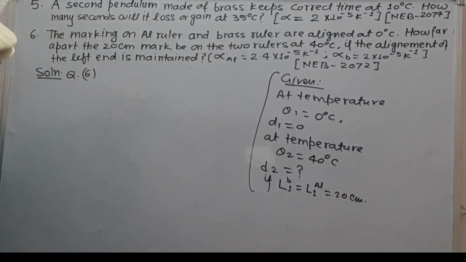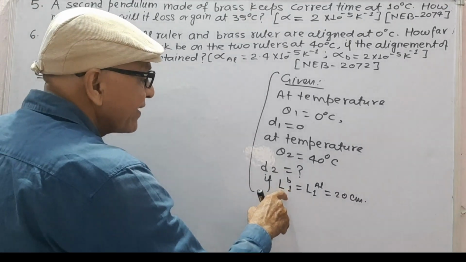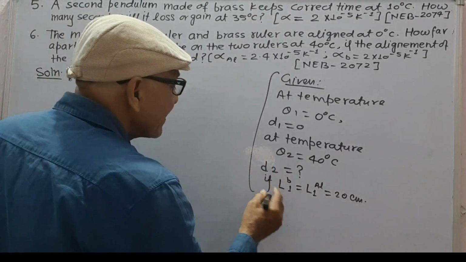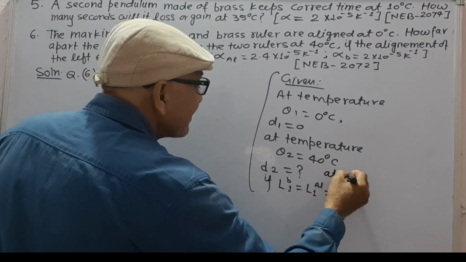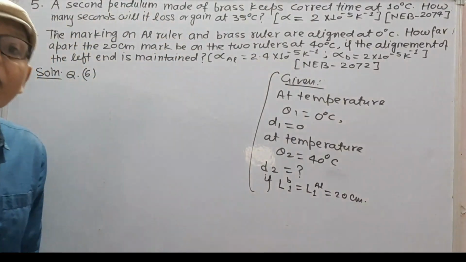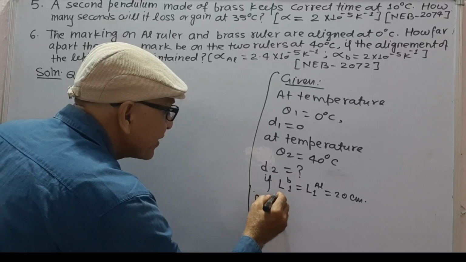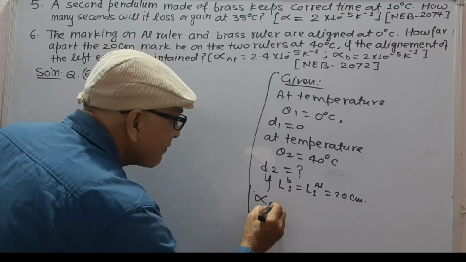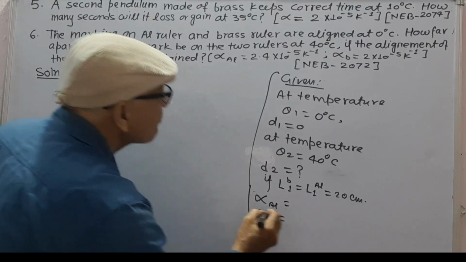Initially at temperature theta 1, initial lengths of both rods are 20 cm. Then D2 will be what at temperature theta 2? Alpha of aluminum and alpha of brass are given.